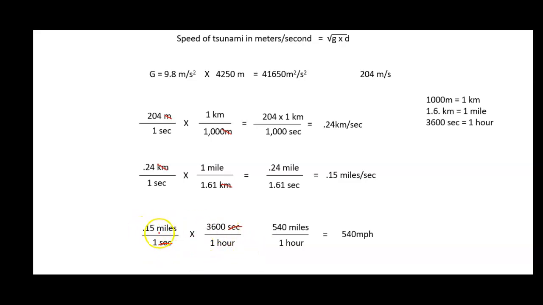When I take 0.15 times 3,600, I get 540. Seconds are gone, so I'm left with miles. 1 times 1 is 1. Seconds are gone, I'm left with hour. Holy crap, 540. And we can write it like this, miles per hour, which really means 540 miles divided by 1 hour. We don't say that, we say 540 miles per hour.